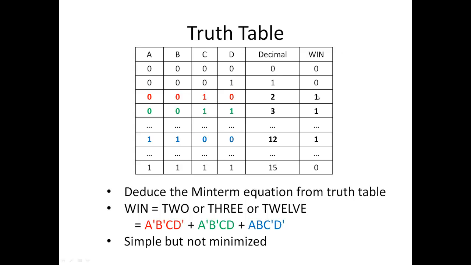The condition for win is this: 2 is A' B' C D', then 3 is A' B' C D, and then 12 is A B C' D'. So I put all these 3 terms under win. This is going to be our expression. This is a very simple expression. If you want, you can try to minimize it even further using Boolean algebra.